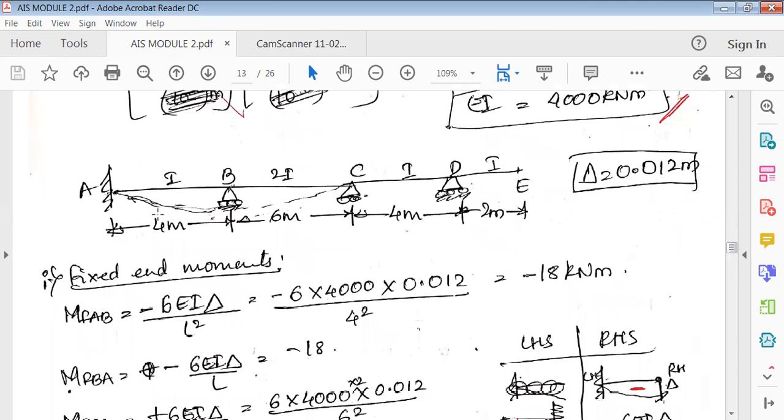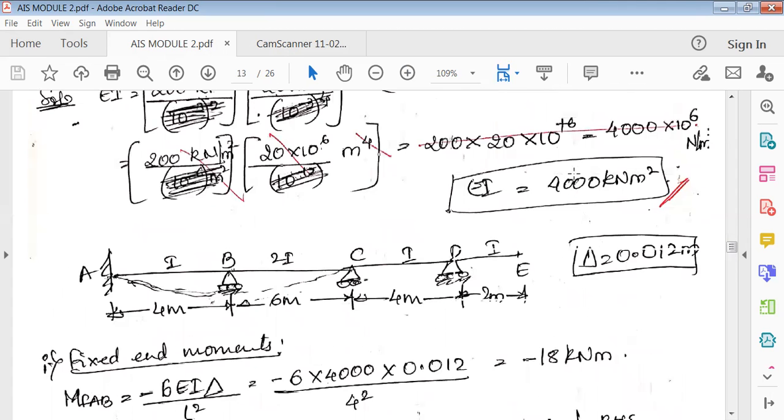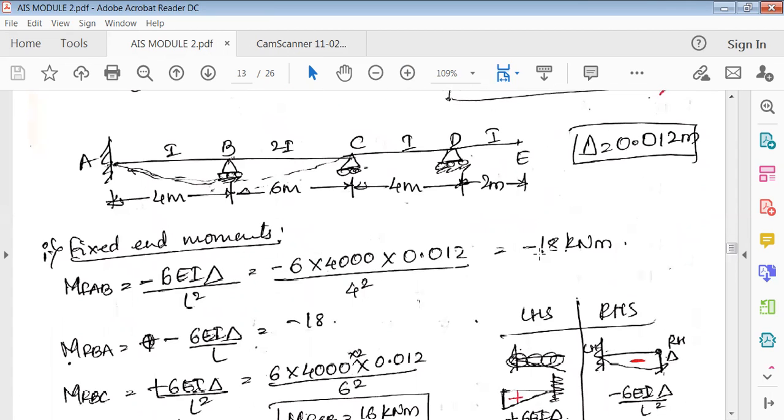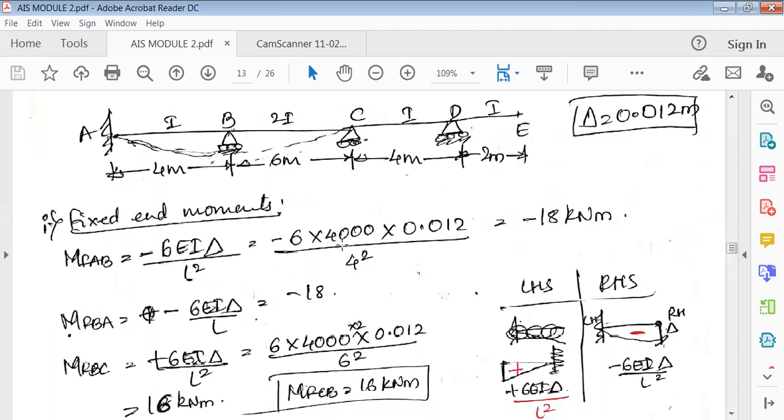Fixed end moments. First AB. In the AB span, the right side support is sinking, B is sinking, so it is minus 6 EI delta by L square. Minus 6 EI, we have already calculated, delta is 0.012, divided by L square, that is 4 square, so it is minus 18. BA is also the same, this is also minus 18.